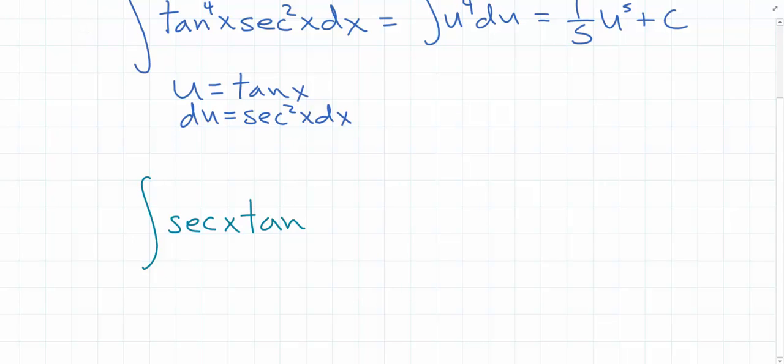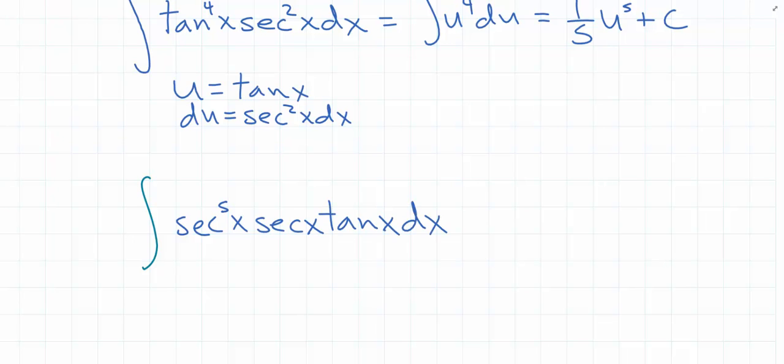Well, hang on. Let me go back here. Let's do secant to the fifth x, and then let's do secant x tan x. Let's look at this one.